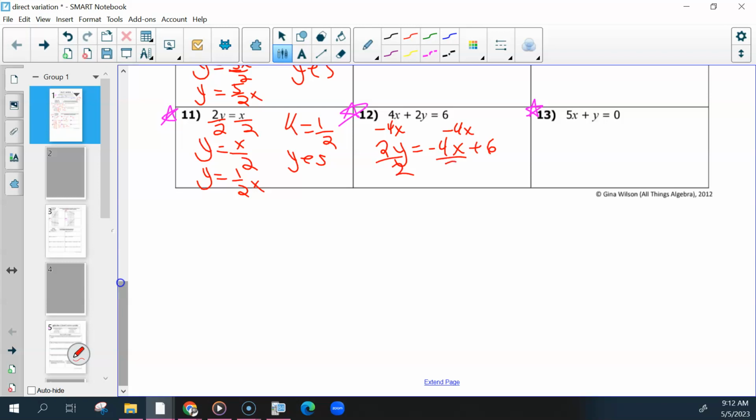Divide everything by 2. Is this direct? No, because of that negative. Really, anytime you see this format, unless one of them is 0, it's not going to be direct. Questions on how to tell from the equation if it's direct or not?